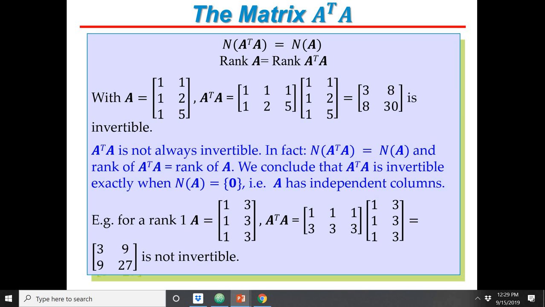So remember that if you want to guarantee that A transpose A is invertible, the null space of A has to be the 0 vector, and it all comes from this equation on the top, that the null space of A transpose A is the same as the null space of A. Actually, this equation is obviously trivial, because if you take a vector x with AX equal to 0, and you multiply that with A transpose, you can see that the null space of A transpose A is the same as the null space of A.